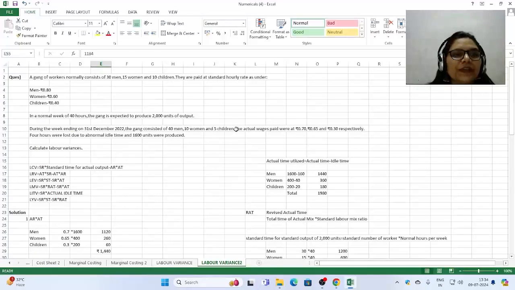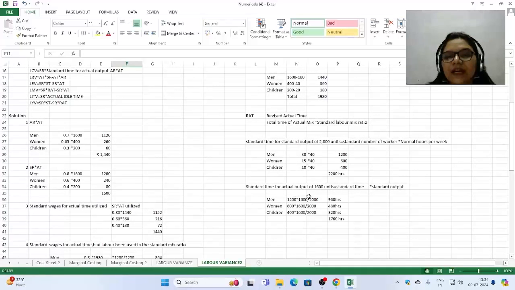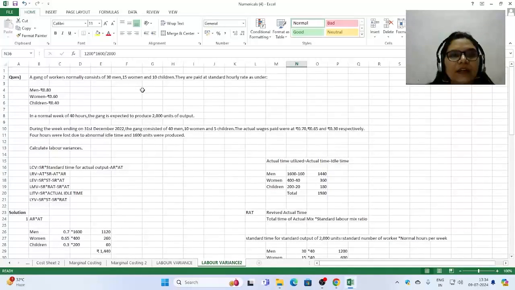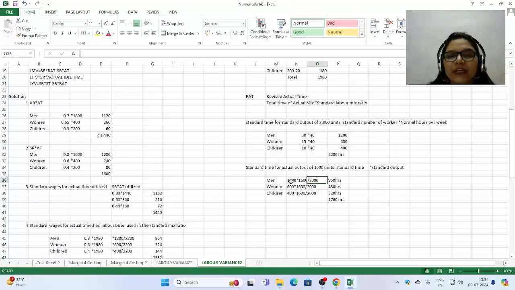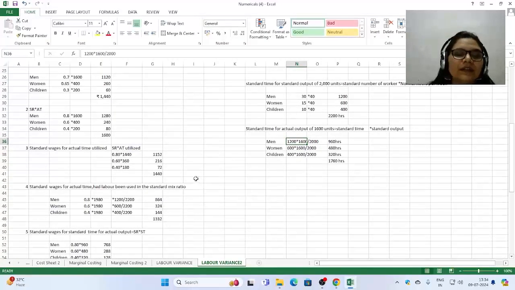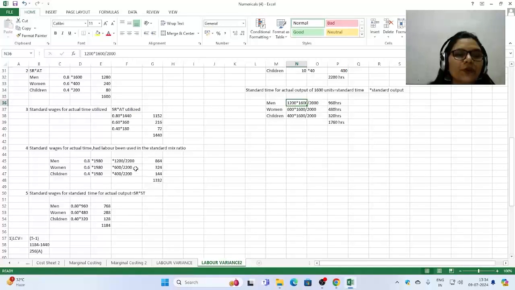Actual output we were having 1600 units, this value is from here and 2000 value is from here. Actual output divided by standard output into the standard time taken by the labor. So we will input all these values and we will get the values.